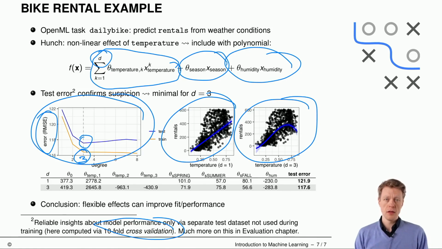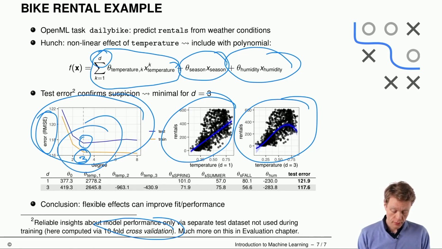And apparently there's quite some noise in these data sets, so we don't really know too sure about that. But of course, we can still just trust those test evaluations, because we did this tenfold cross-validation and saw that the test error is minimal for D equals 3.